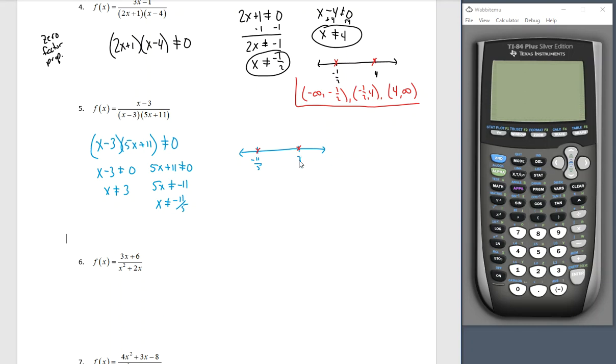We know we cannot use those values. So what are those intervals looking like? -infinity to -11/5. We use the round brackets, the parentheses, to indicate we can't actually use that value. And then start there and go to our next value, and finish it out to infinity.